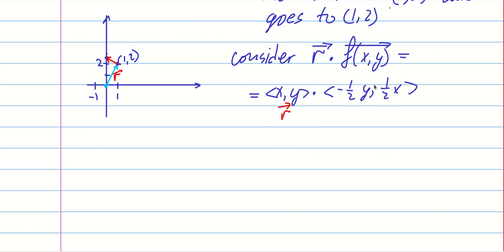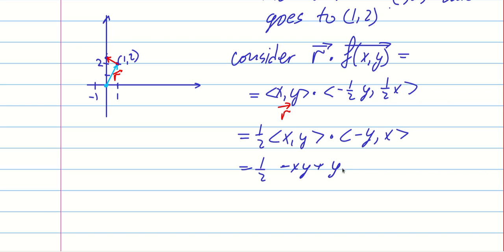But then we can take 1/2 and put it outside over here as a constant, and we have xy dot negative yx. So we get 1/2. We have negative xy plus yx if we take a dot product, but this will be 0. So we have 1/2 times 0, which is 0.